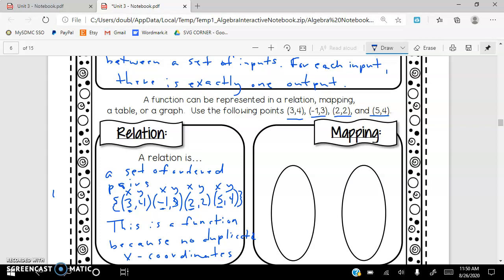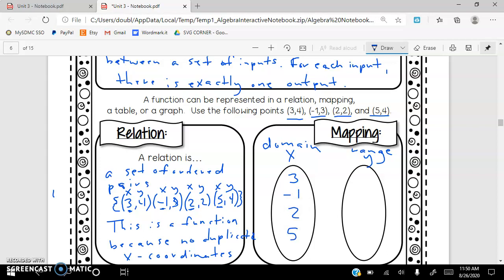Now let's go over here and map the same points. So here's my x and here's my y. So we call our x our domain. We call our y our range. Okay. So I'm going to put all my x's in here. Again, we have 3, -1, 2, and 5. You can put them in order if you want to. It doesn't matter.